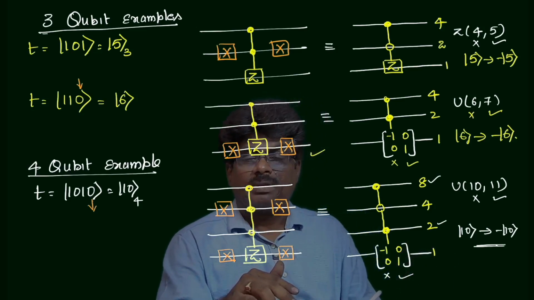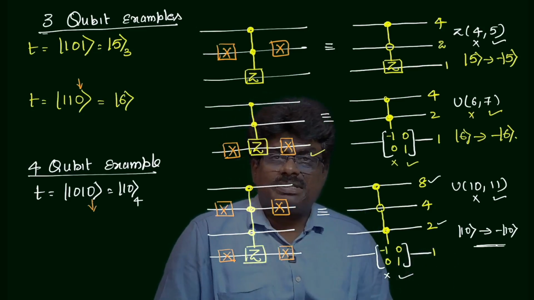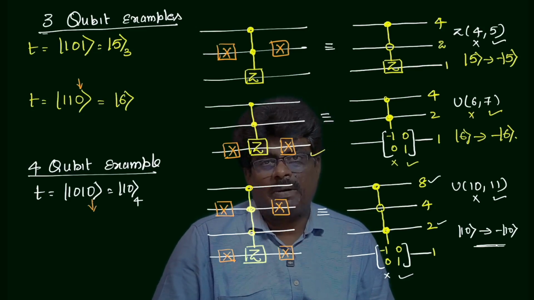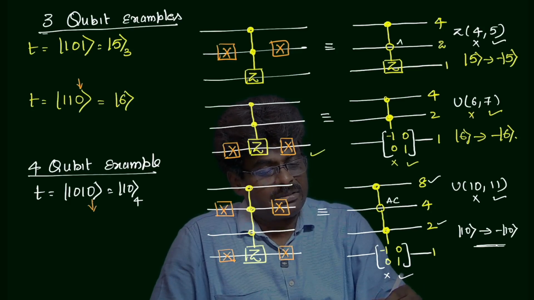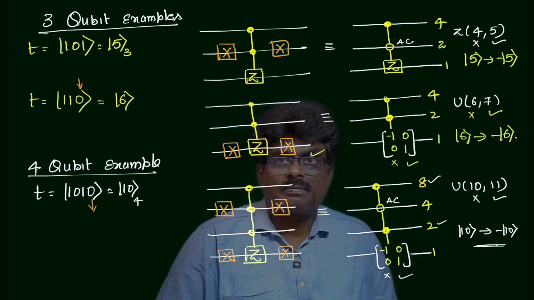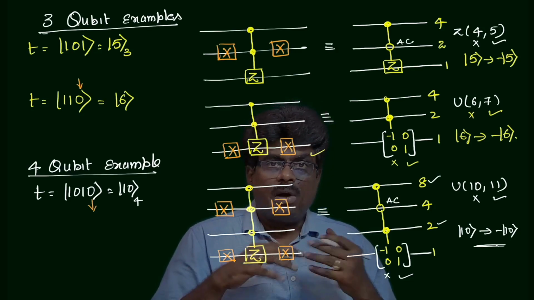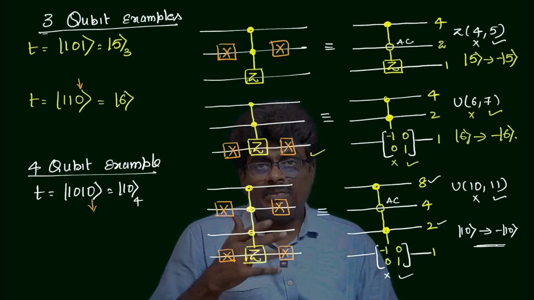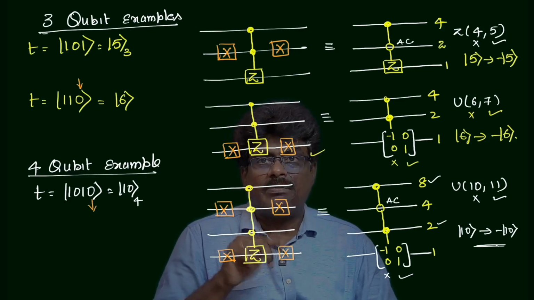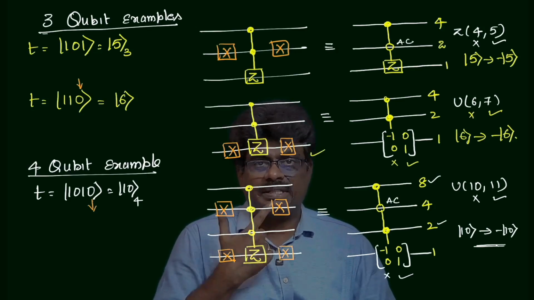That's okay. So like this we can construct the inversion operator. Okay, so here it is anti-control and here also some anti-control. I hope everybody understands how to construct this oracle corresponding to the inversion operator, which inverts the amplitude of a target state. Okay.